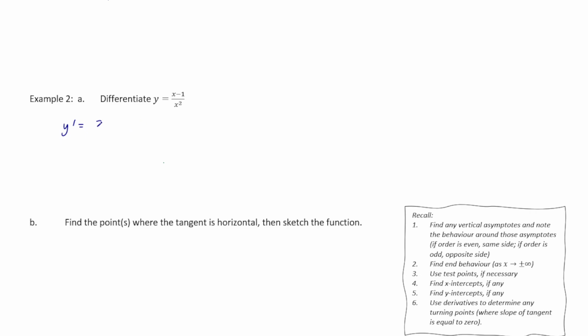So we take the denominator function times the derivative of the numerator function, and the derivative of the numerator function should just be 1. Then we subtract the derivative of the denominator function, which is 2x, times the numerator function, which is x minus 1, all over the denominator function squared.